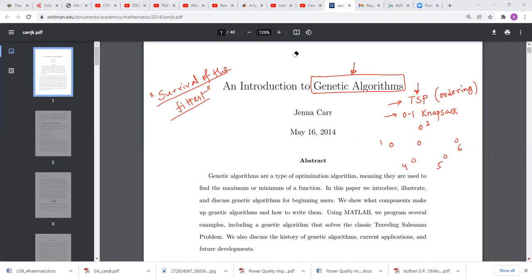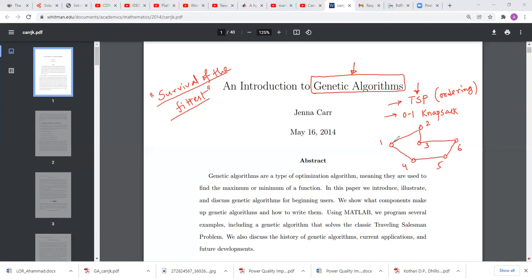But make sure you don't cross any line and you don't repeat any point more than once. Of course, you can come back to the origin. 1, 4, 5, 3, 6, 3, 2, 1. I think I just reversed it. No problem. That could be another solution, like a permutation.